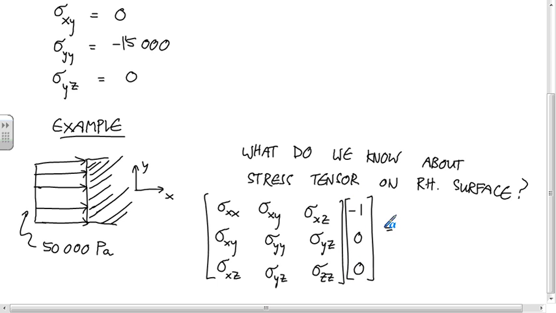And then what's the traction? Well, the load is going to the right, so that's going to be positive 50,000, 0, 0. So 50,000, 0, 0.